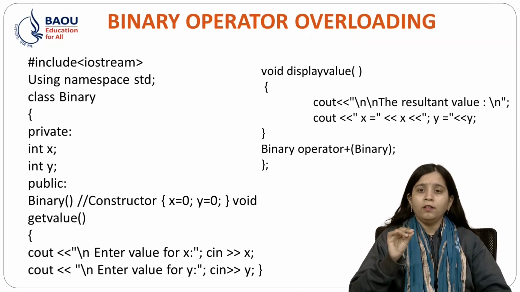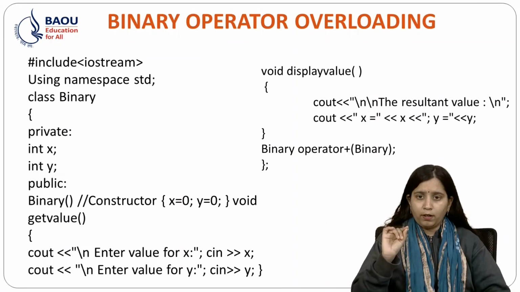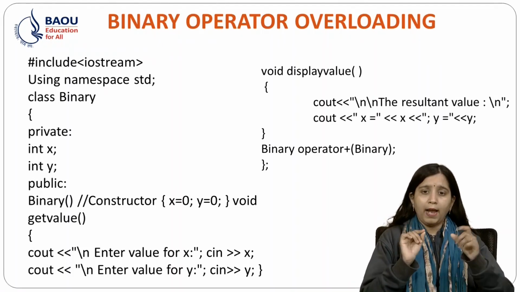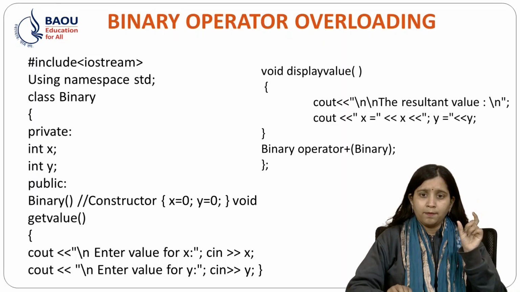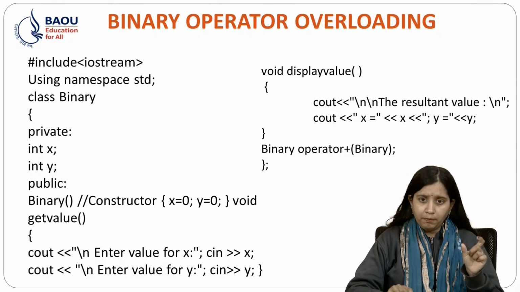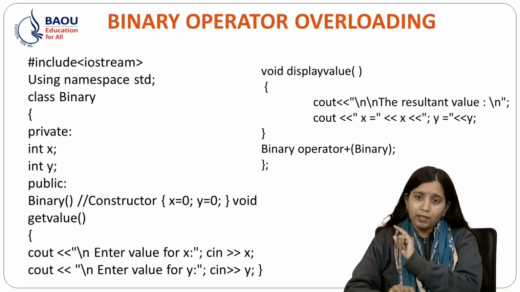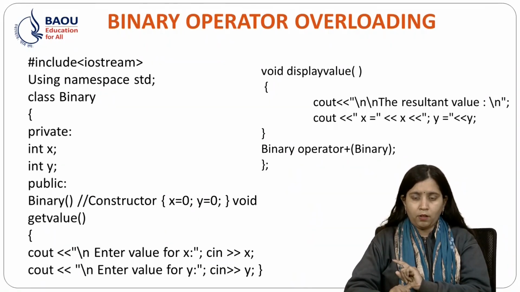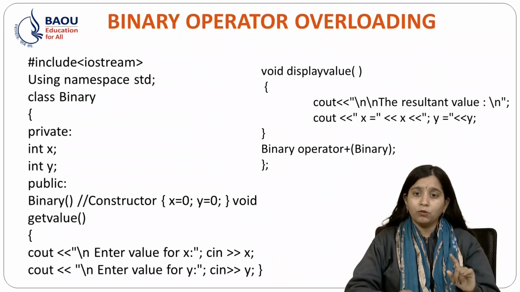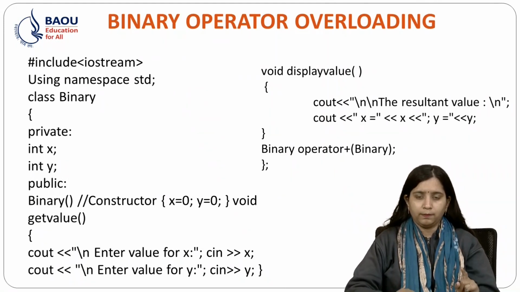And I have defined the plus operator here, and Binary is my return type, then operator plus, and the parameter is also Binary. Here I am using a member function.